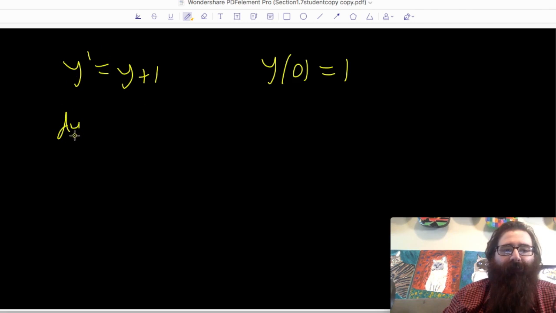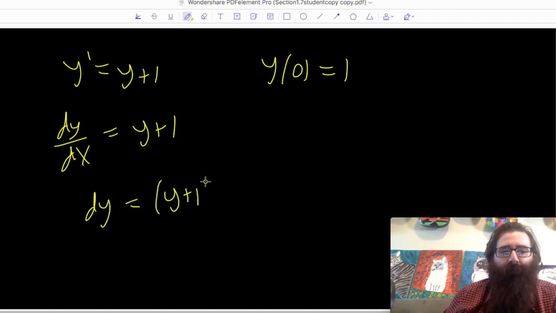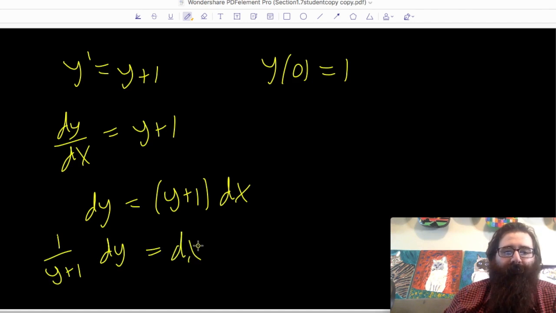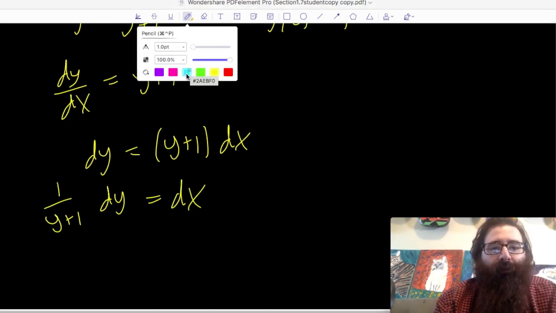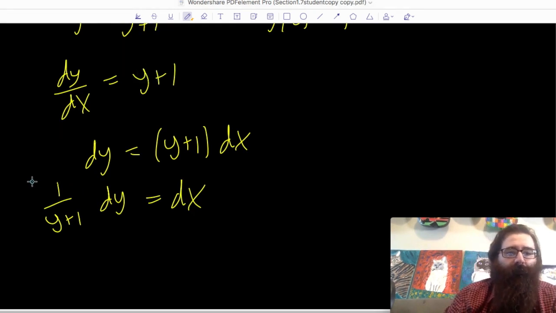So y prime, dy/dx, is equal to y plus 1. And I can multiply the dx over, so dy is equal to y plus 1 times dx. And I can divide the y plus 1 to the other side now. So 1 over y plus 1 dy is equal to dx. Now from here, we would want to integrate both sides.